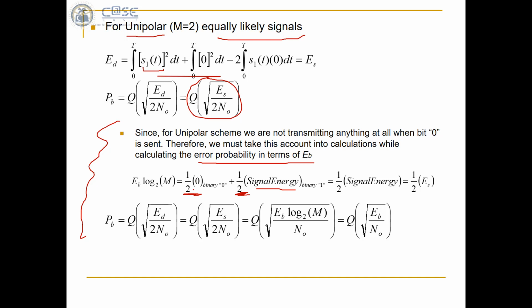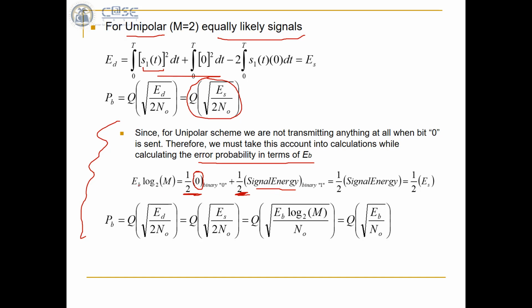For signal S0, you're not sending anything, so the energy of that signal will be 0. But for signal S1, you are sending some energy, which will be computed as per the energy formula, and it will be equivalent to ES.